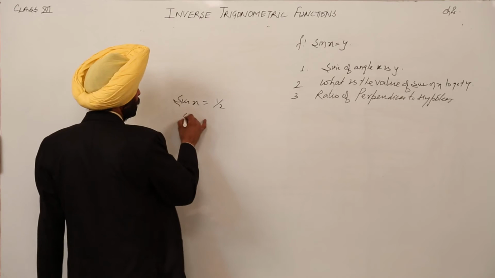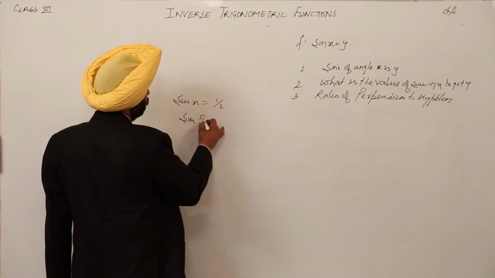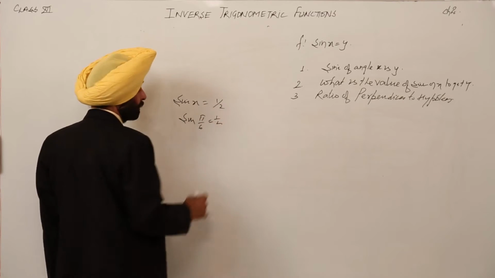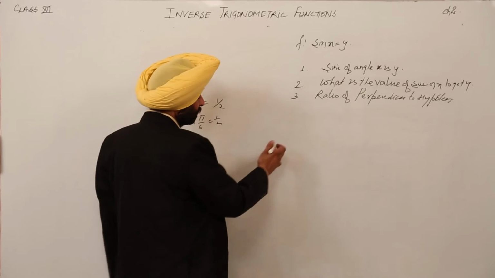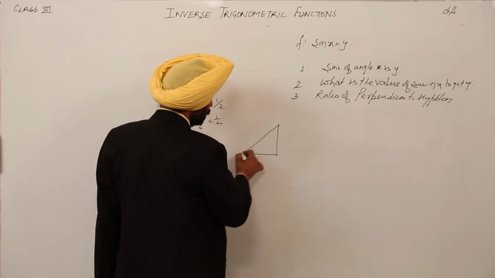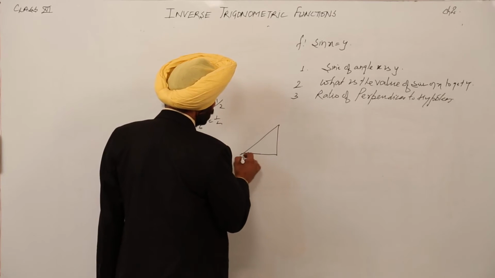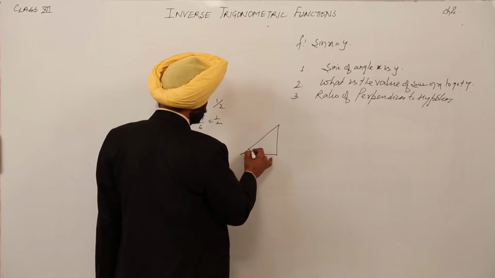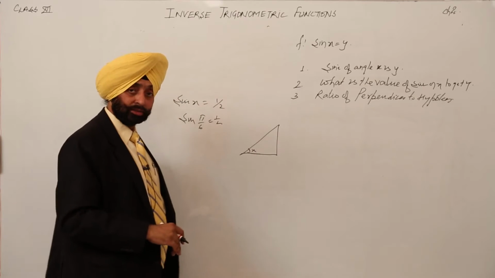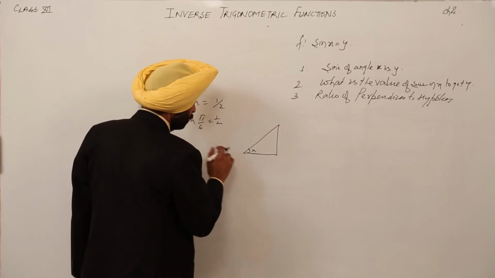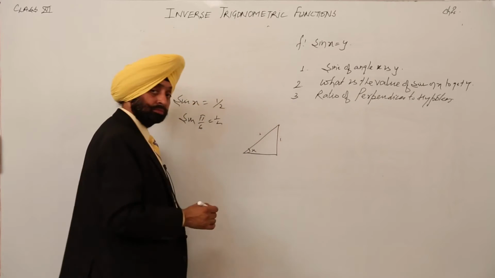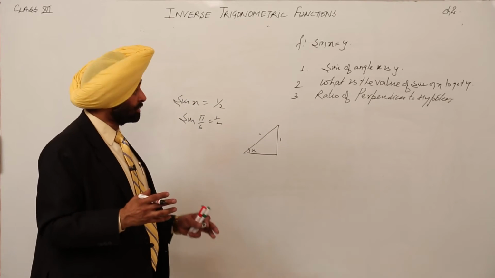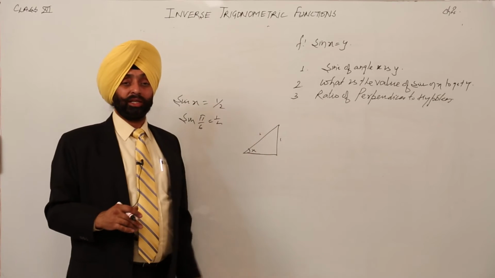So we can write that sine pi by 6 is equal to half. Now why is it so? If we draw a right angle triangle, we have this angle as x. Now this side is 1 and this is 2. So this is a simple thing, a function sin x equal to y.